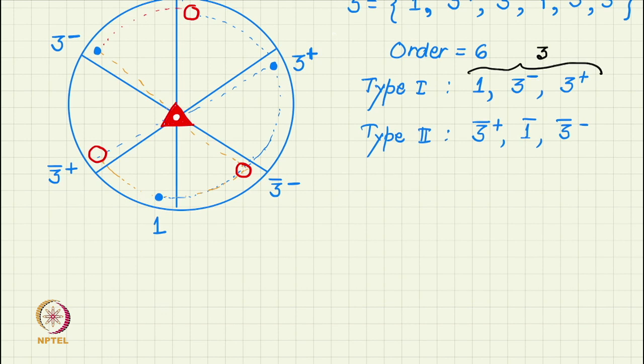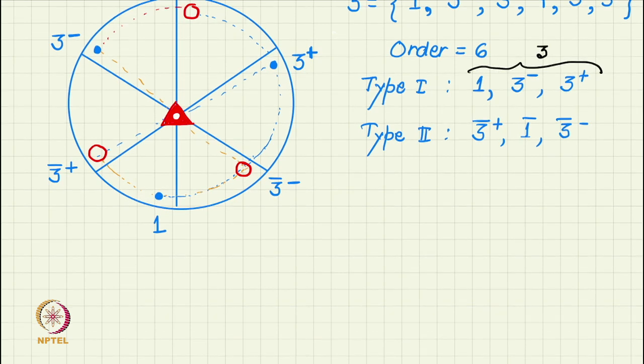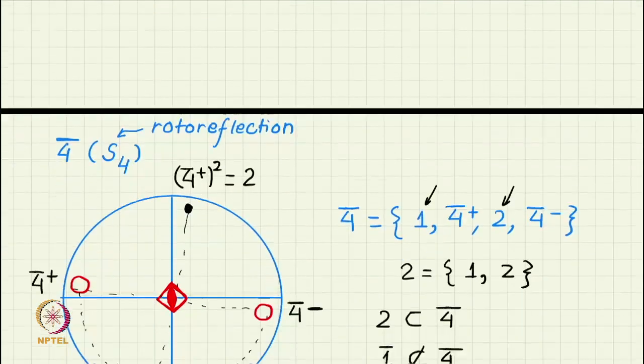Whereas here, if we write the same in the same notation, we can say 3 is a subgroup of 3 bar, and 1 bar is also a subgroup of 3 bar. So, threefold roto-inversion includes both threefold rotation and inversion.